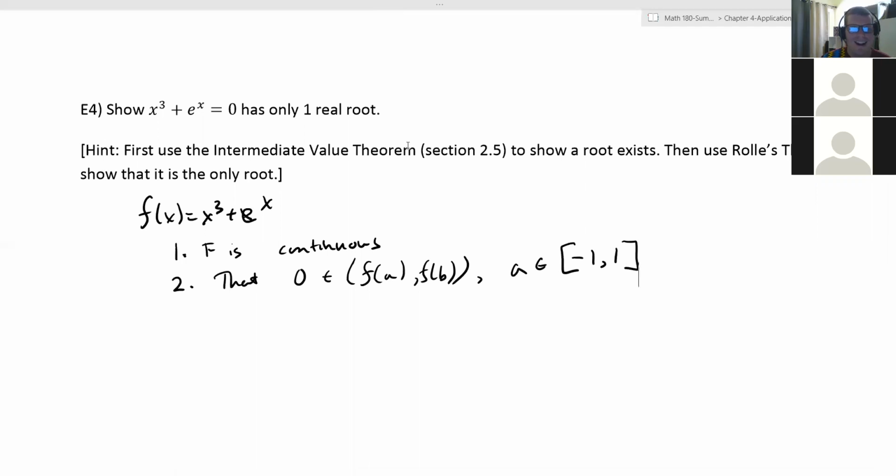It takes a little thought to think about what the interval is, and hence why I gave it to you.